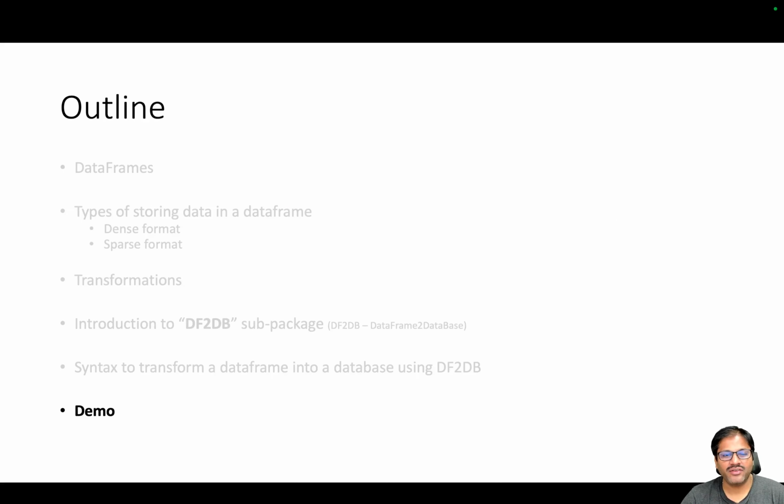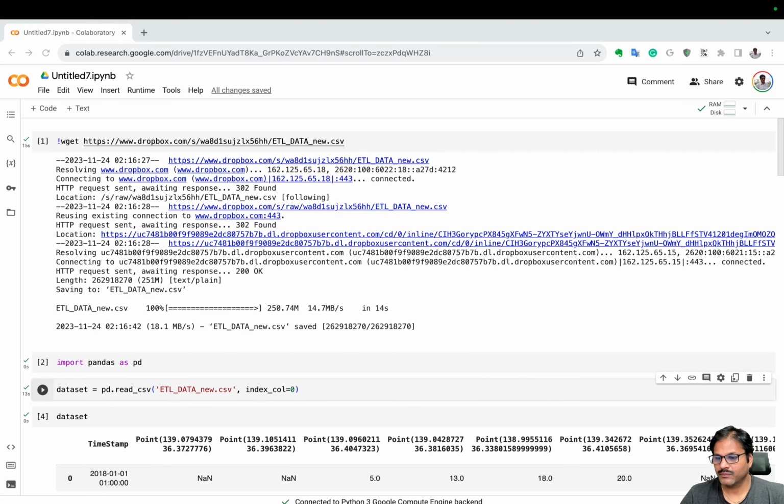Now let us look at a small demo on how to convert a data frame into a database. For demo purposes, we will be using a data frame that is storing the data in a dense format and then converting it into a transactional database. We use Google Colab for demonstration purposes.